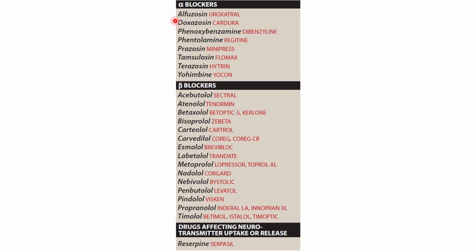Alpha adrenoblockers affect mostly the blood pressure, because the blood pressure is controlled by the sympathetic nervous system, and the alpha 1 adrenoreceptors are located in the large vessels that contribute much to the blood pressure.